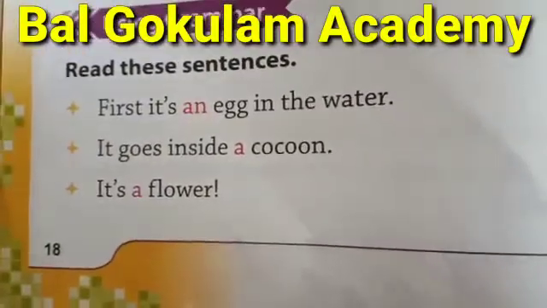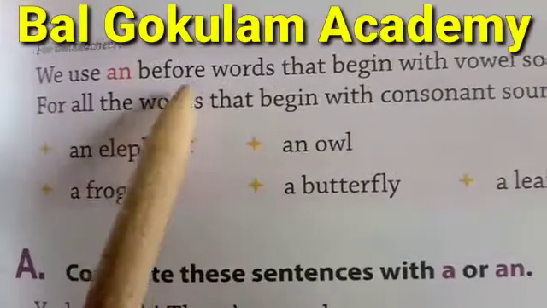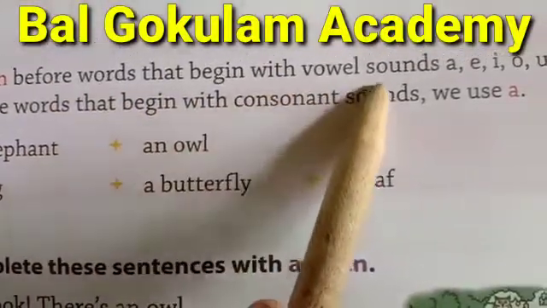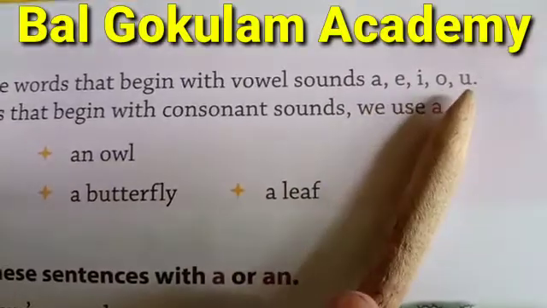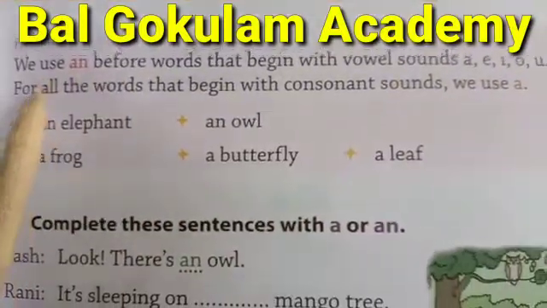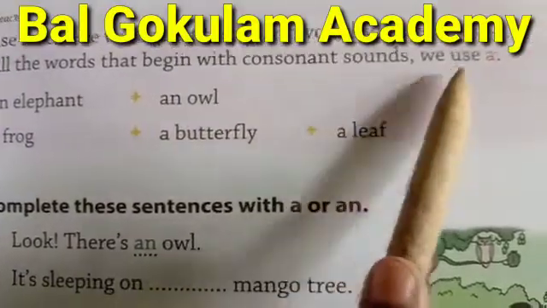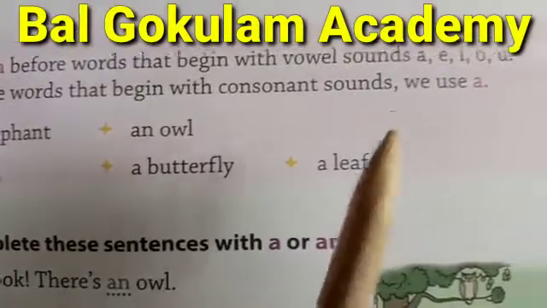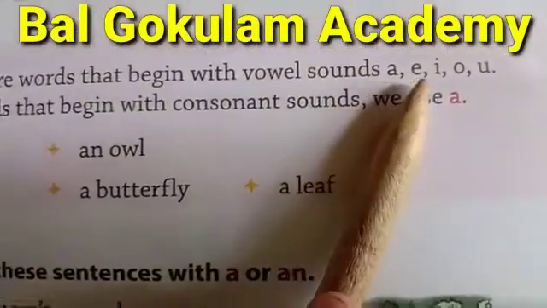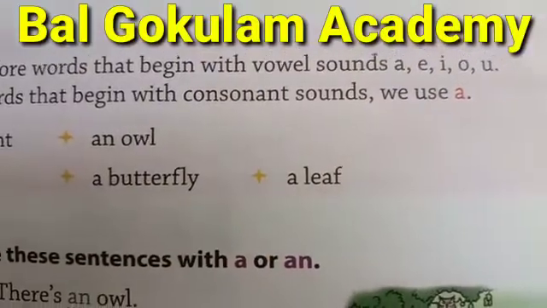On page number 18, we use an before words that begin with vowel sound. A, E, I, O, U. For all the words that begin with consonant sounds, we use A. Here, A, E, I, O, U, these are the vowels.